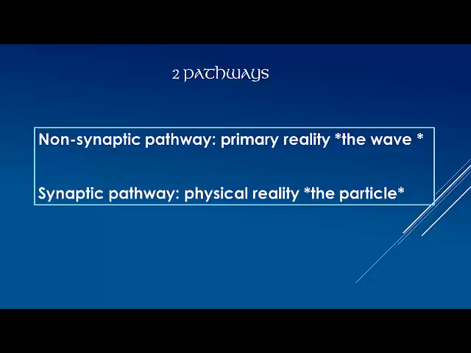The other pathway is the synaptic pathway, and this will be the physical reality, the reality of the hormones and the particle. We will start with the synaptic pathway by looking at the work of Candace Pert. In 1972, she discovered the opiate receptor, a molecule that is found on the surface of cells in the brain and in the body.